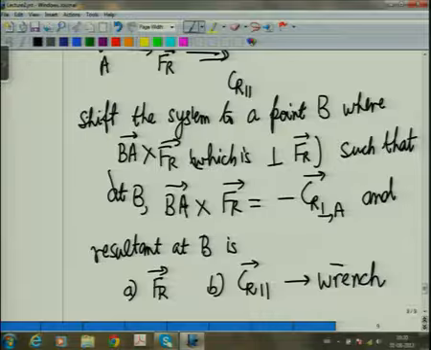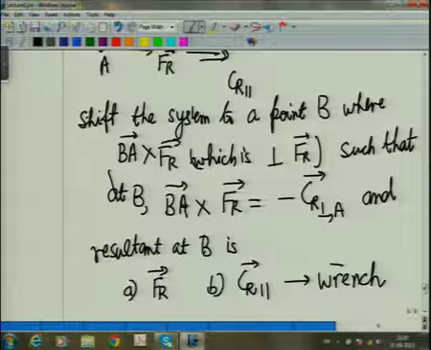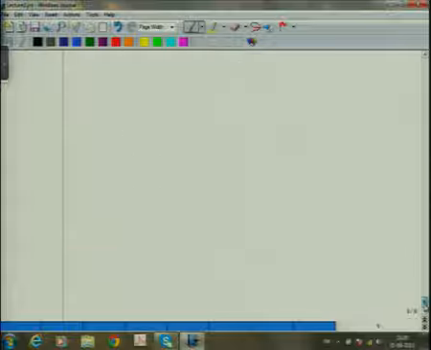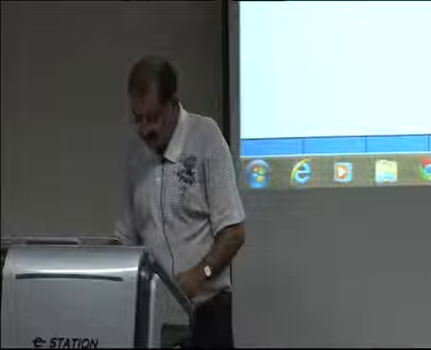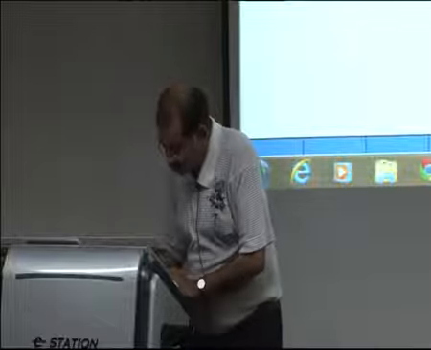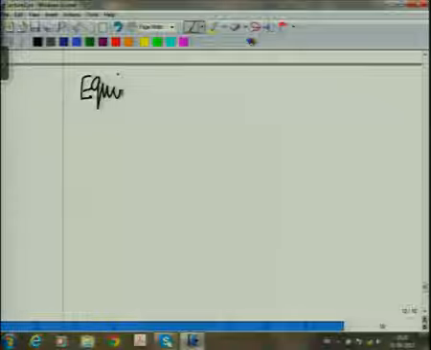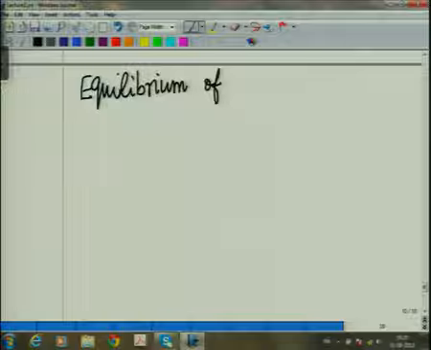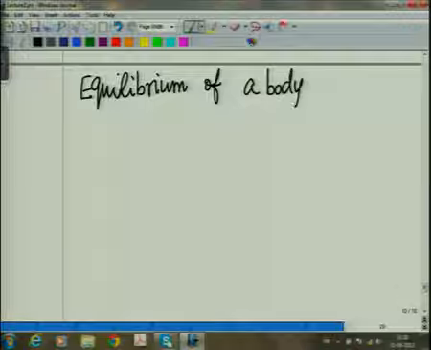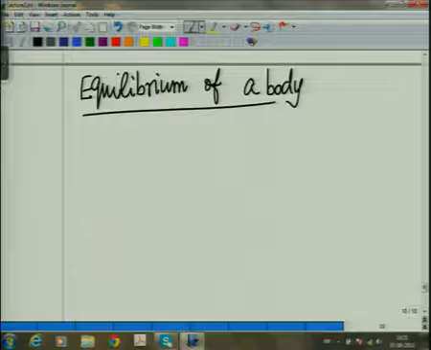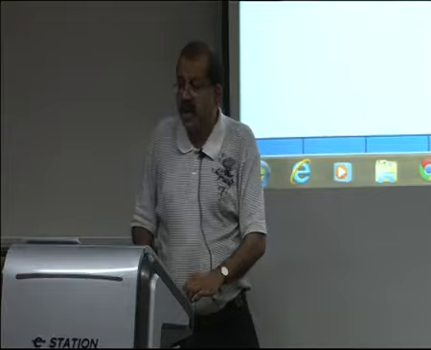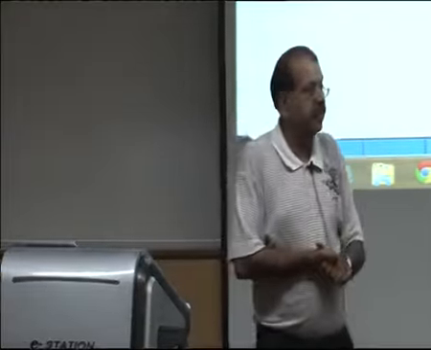Now next, we talk of equilibrium of a body. What do we mean by the term equilibrium?